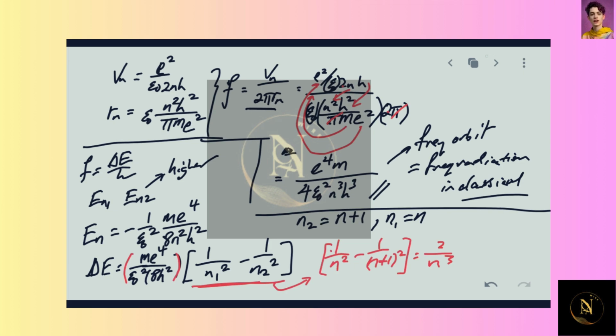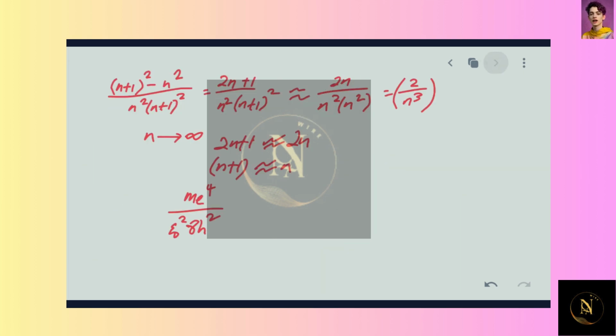Multiply this with our factor over here, which is 2 over n to the power 3. This is our delta E. From here we can find the frequency by dividing delta E by h.